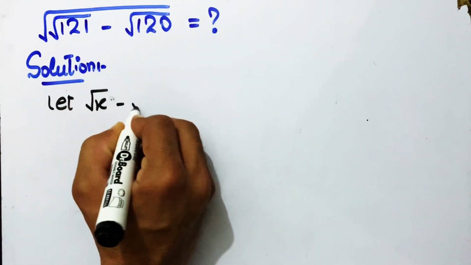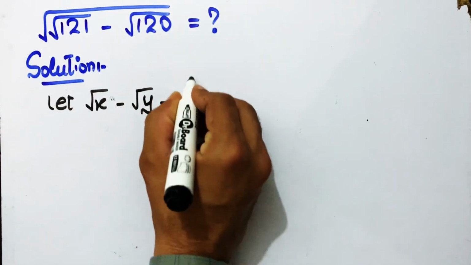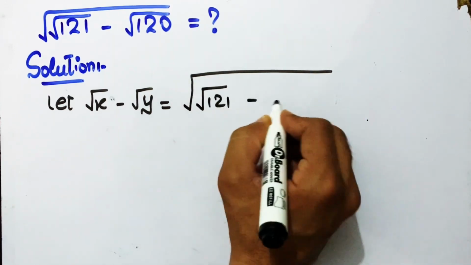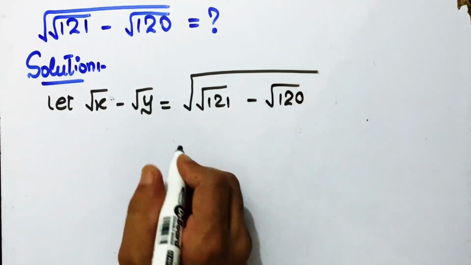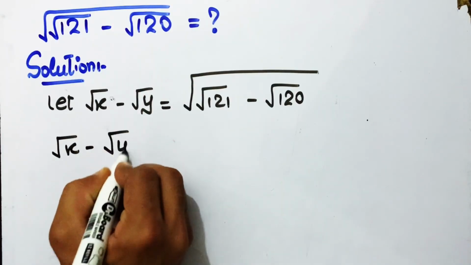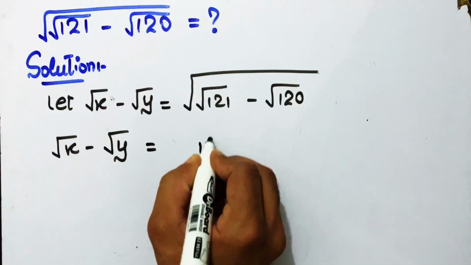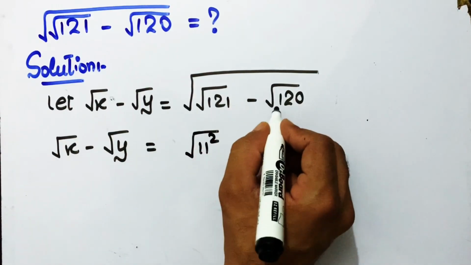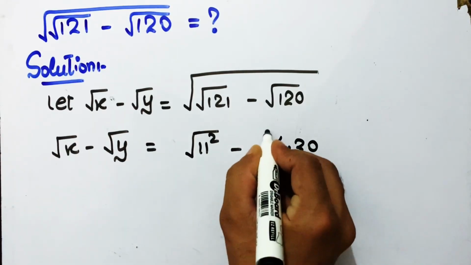The square root of x minus the square root of y, that is equal to the whole square root of 121 minus square root of 120. So now the square root of x minus the square root of y equals, 121 is 11 squared, and minus 120 is 4 into 30, which is 120.